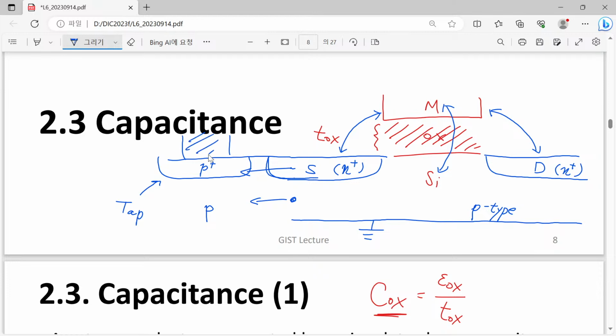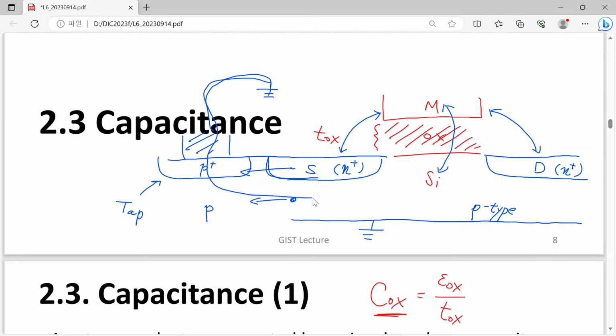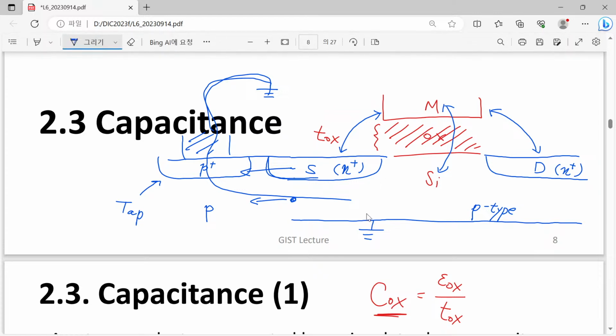So here this is connected to the ground, and through this line even our p-type substrate is biased to the ground. So now this p-type substrate is always biased to the ground. However, source is also grounded.